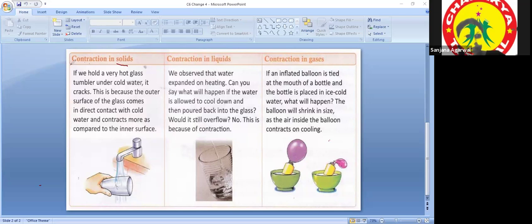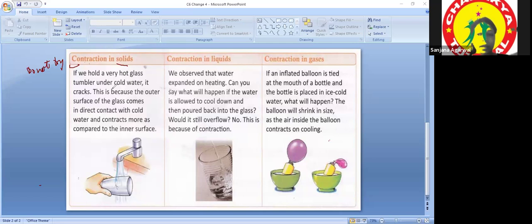This I was telling yesterday. So I'm clearly mentioning here, do not try. You can just see what happens actually. If we hold a very hot glass tumbler under cold water, it cracks. Suppose I just poured tea into a glass, then emptied it, poured it in another container, and immediately brought it under the running cold water.